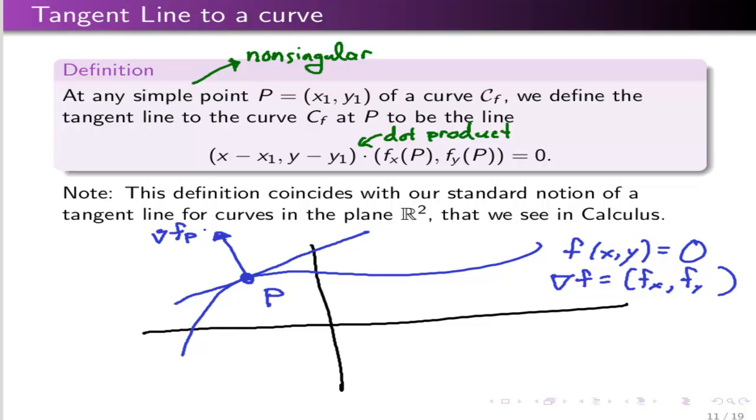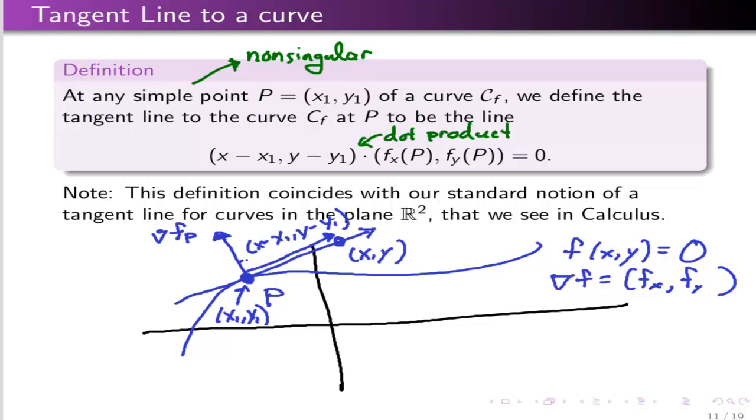Okay, so the tangent line here, if you take a given point (x, y), and then P is your fixed point (x1, y1), then the set of points on the tangent line, you draw this direction vector right here, which would be (x minus x1, y minus y1).